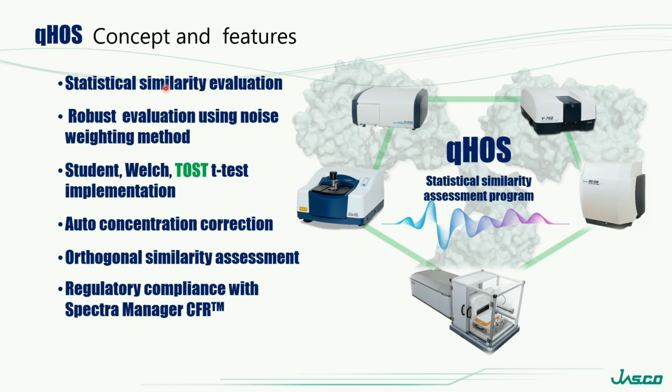In addition, qHOS implements tests that allow to claim equivalence. In addition to CD, qHOS can analyze the FTIR, fluorescence, UV-Vis, and Raman spectrum. Of course, CFR compliant software is also available.